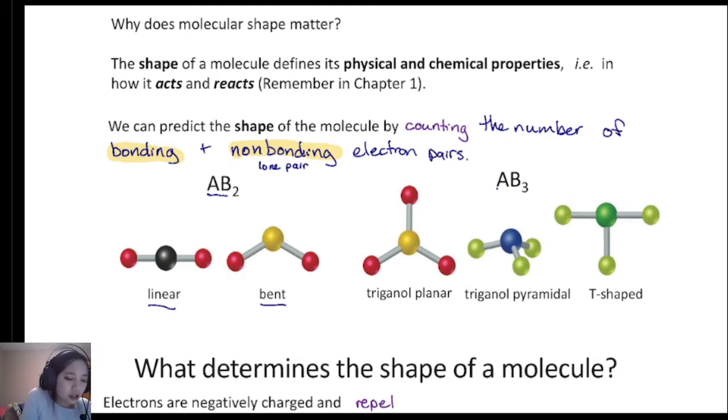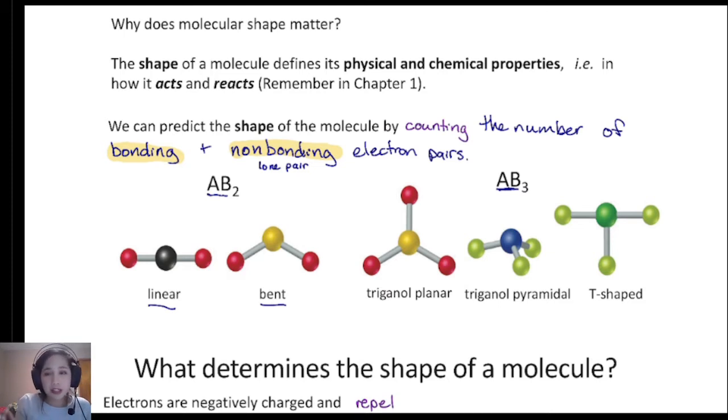All right, and then here are some other examples, like a compound of AB3 type. This could be, if it's charged, CO3 2 minus carbonate, or SO3 or PCl3, things like that.